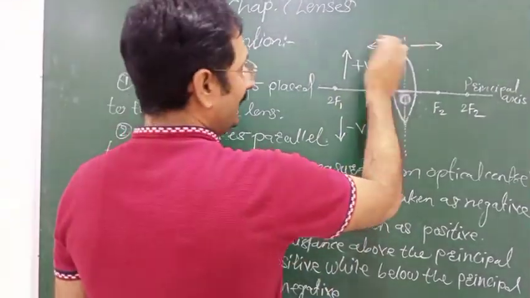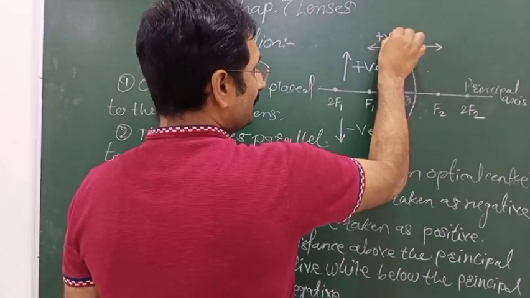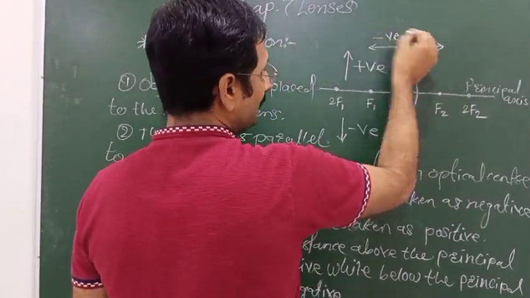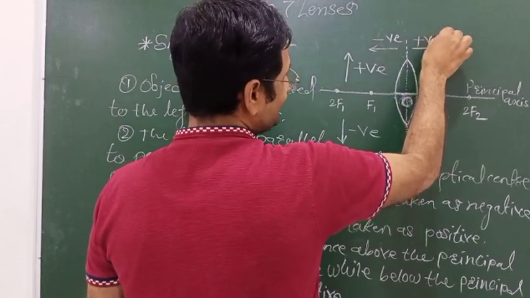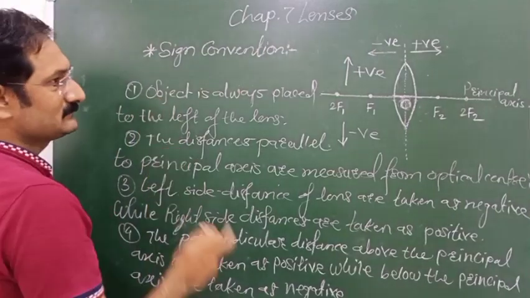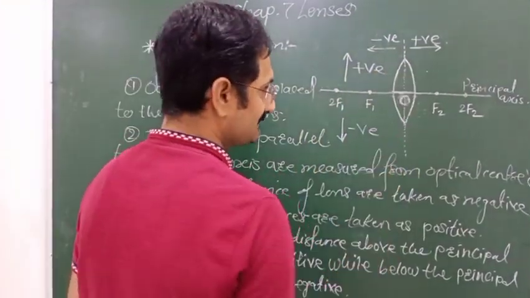In this way, these points are used for the sign convention of lenses.